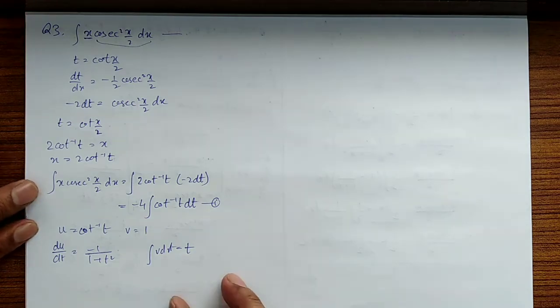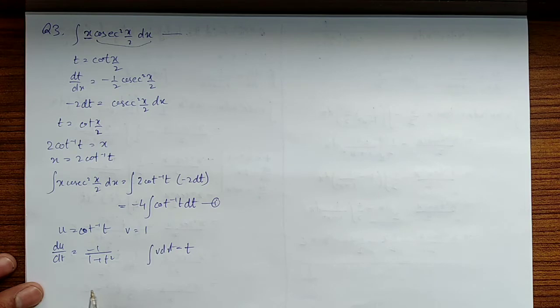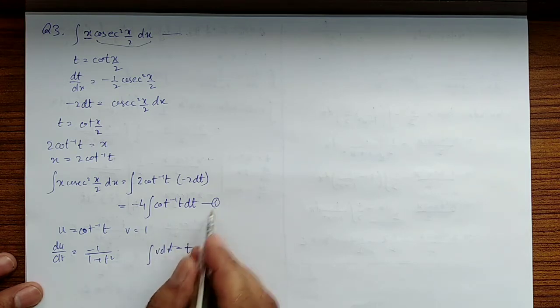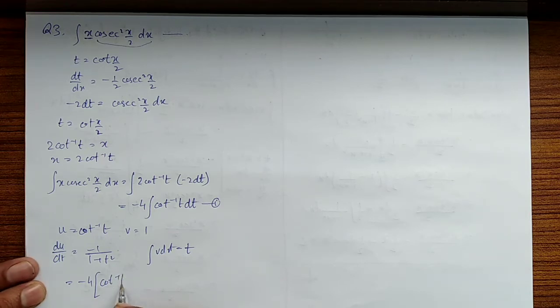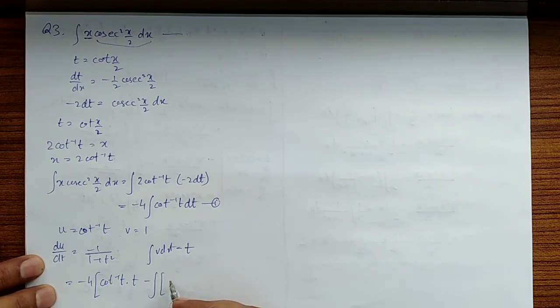By putting the values in equation 1, which we have marked here, this becomes minus 4 into u, that is cot inverse of t, into t, minus du upon dt, that is 1 upon 1 plus t square, into the integral, that is t dt.